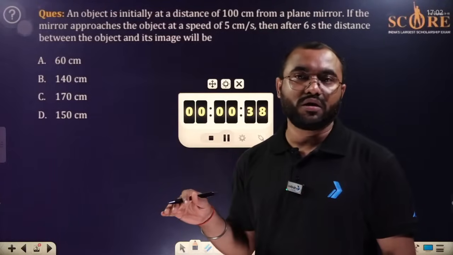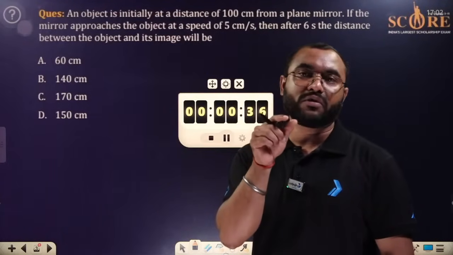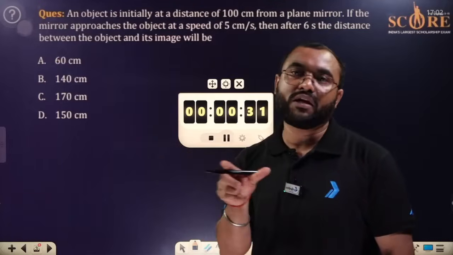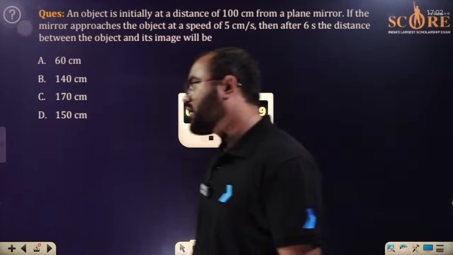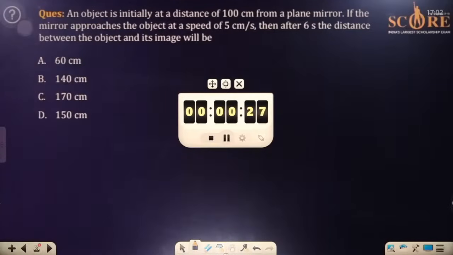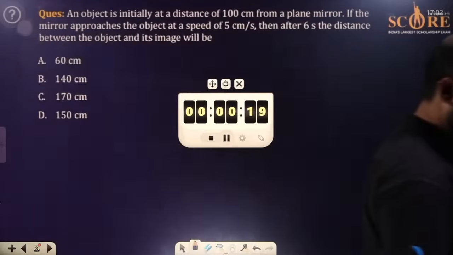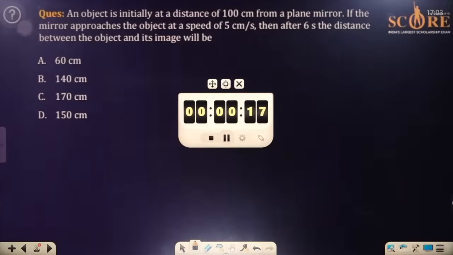We want the total distance not from the object to the mirror, but from the object to the image. It is just logical maths. It doesn't require any information regarding the mirror formula or anything like that. Can you please think about it?